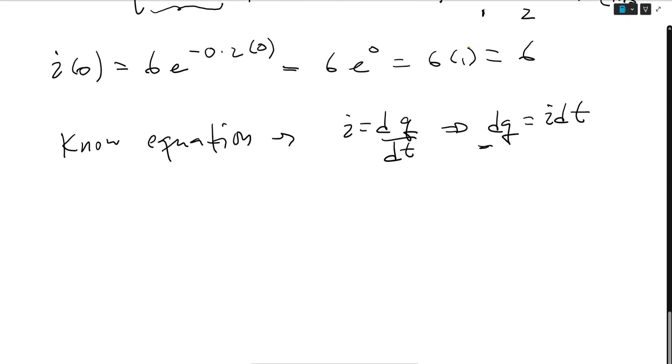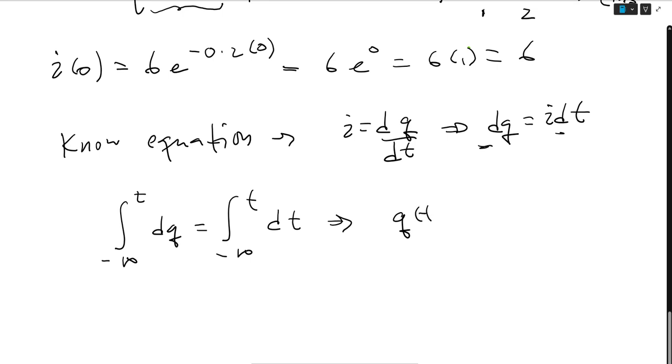Or in order to get rid of the d's, we can integrate from negative infinity to t of dq equals the integral from negative infinity to t of I dt. And essentially this is q of t minus q of negative infinity, which equals the integral of I dt.